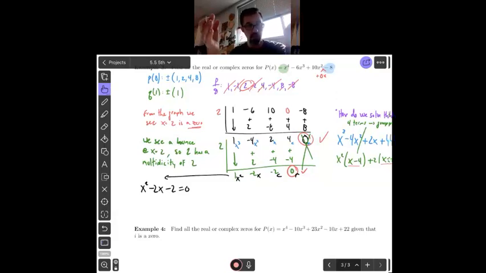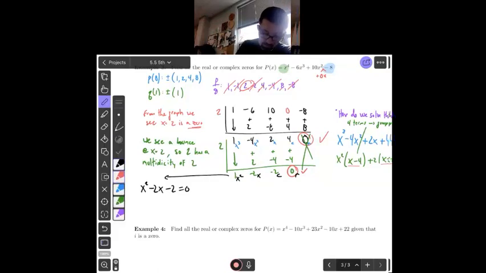So AC method: A times C is -2, and I need factors of -2 that add to -2.